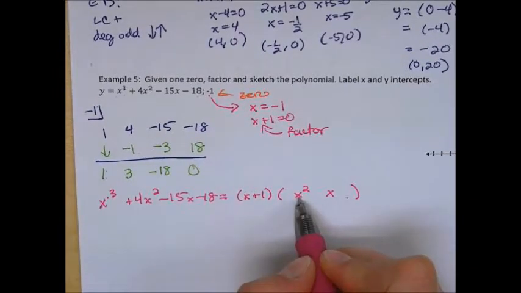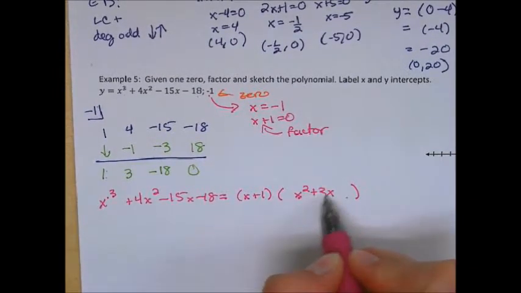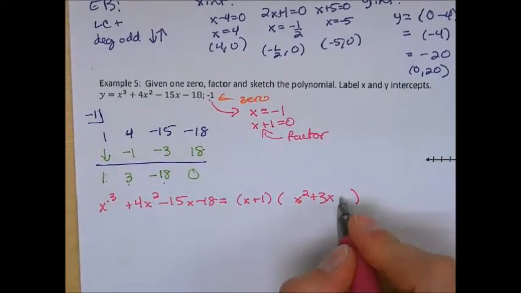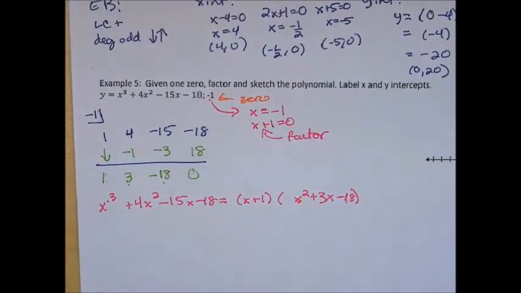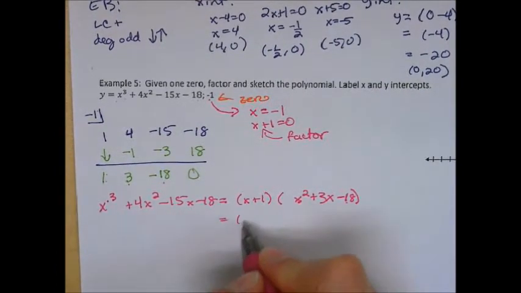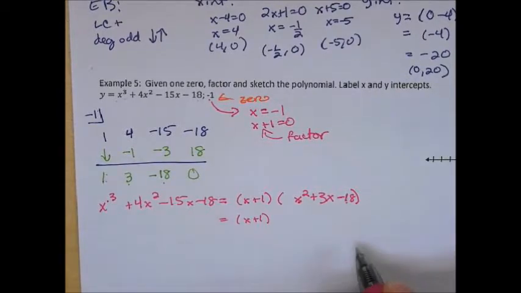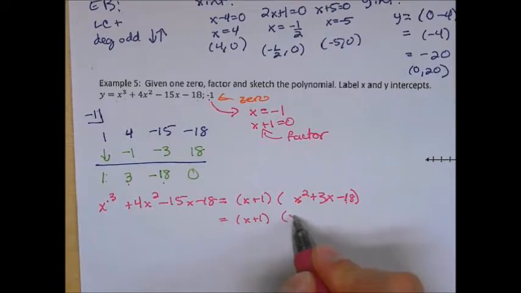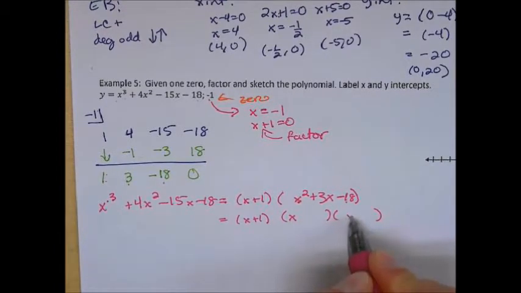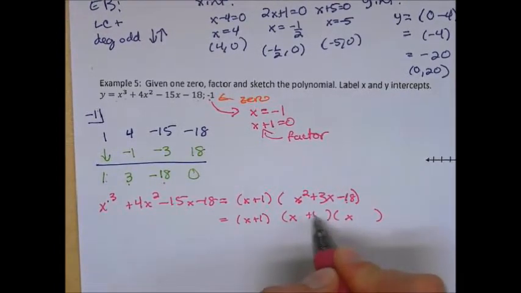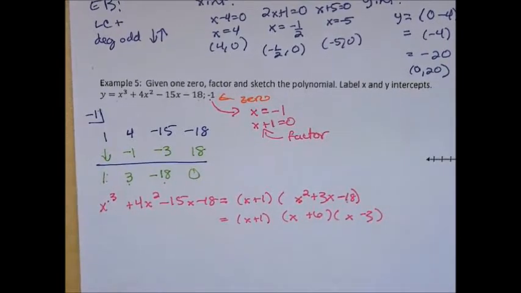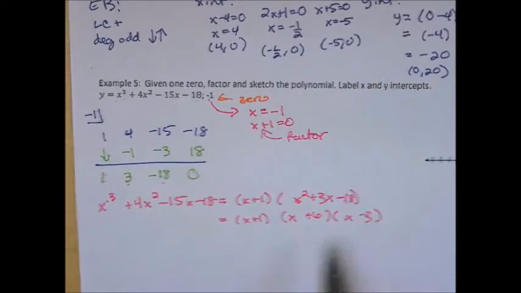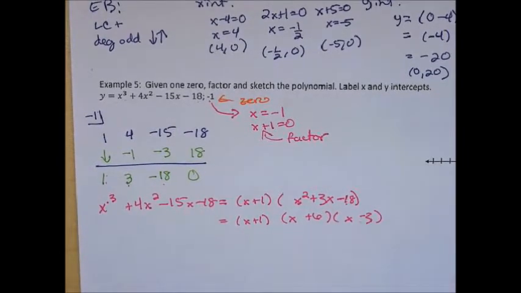So I have 1x squared plus 3x, and then minus 18. Now we need to keep factoring this, so we're going to have x plus 6 and x minus 3. And that should work, positive 6x minus 3x. So this is our polynomial in factored form.